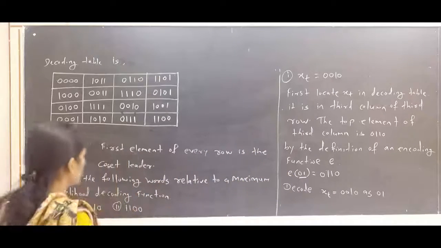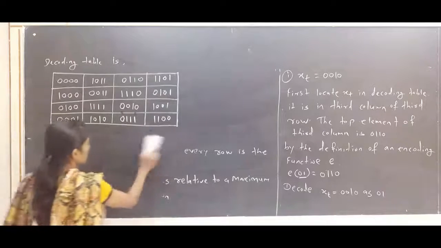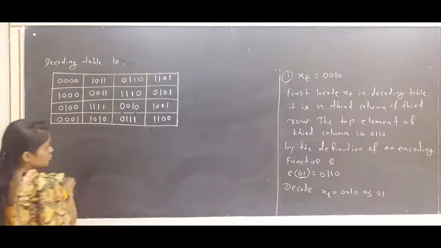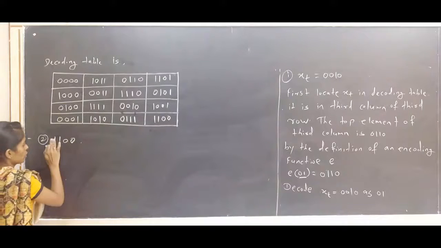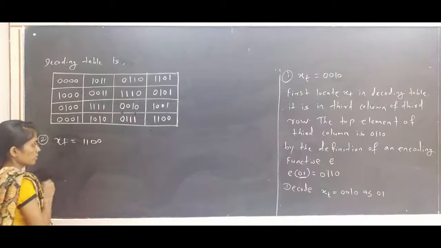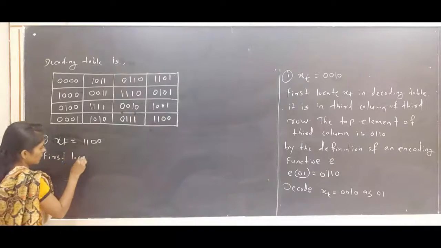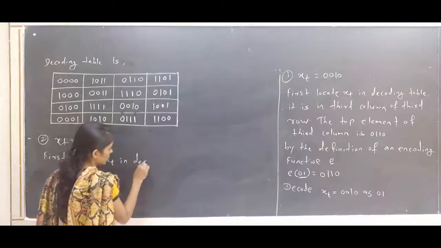Now in a similar way we decode this word. The decoding table is as it is. So the second word is 1 1 0 0. So xt is equal to 1 1 0 0. Now again first locate xt in the decoding table.